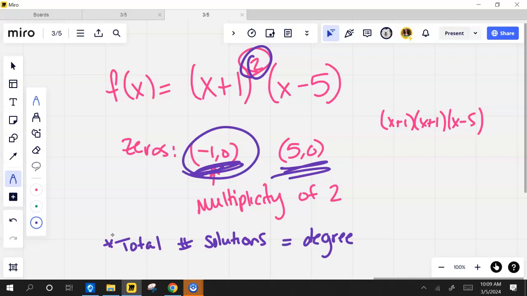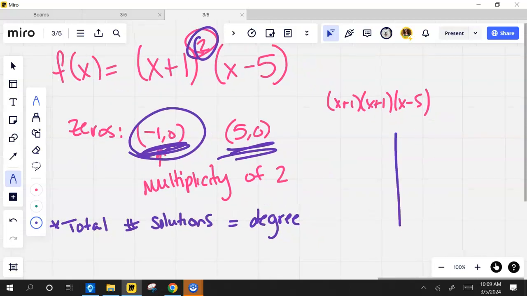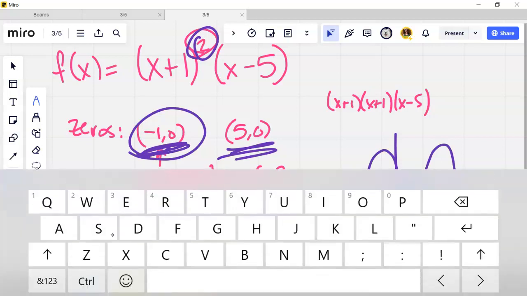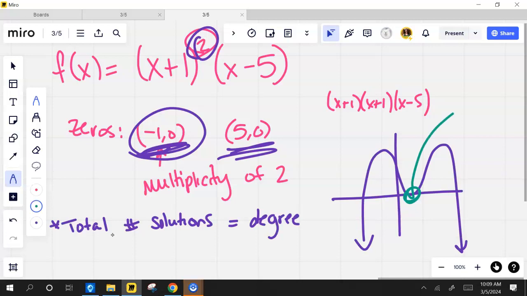Now, what does multiplicity tell us? And I promise I'm almost done. Multiplicity tells us what the 0 looks like. Remember how we had that graph and it looked something like this, right? This is what we call a bounce.